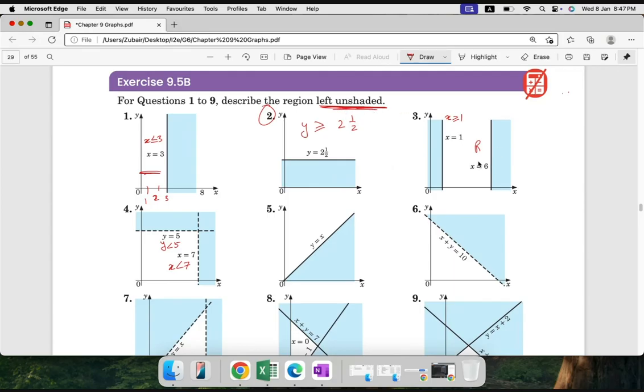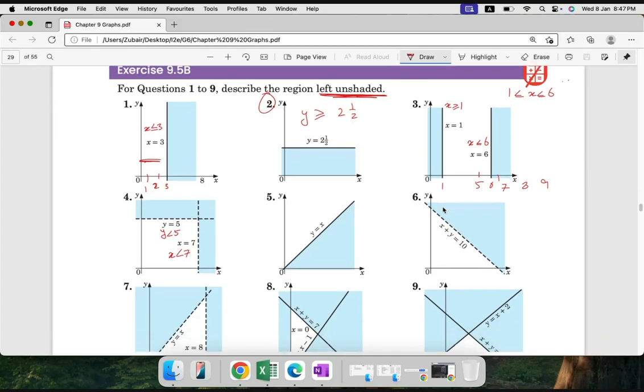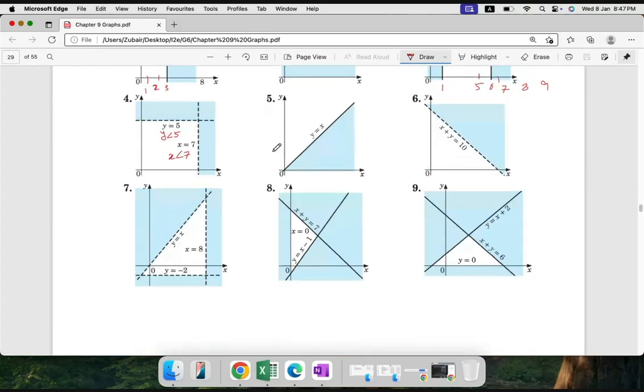Is this more than 6 or less than 6? If you write these numbers, this is 5, this is 6, this is 7, this is 8, this is 9. It increases on the right, it decreases on the left. So this is before 6, so that is less than or equal to 6. If we had to write it as one inequality, we can also write it like this because it is between these two numbers, 1 and 6. Try number 5.